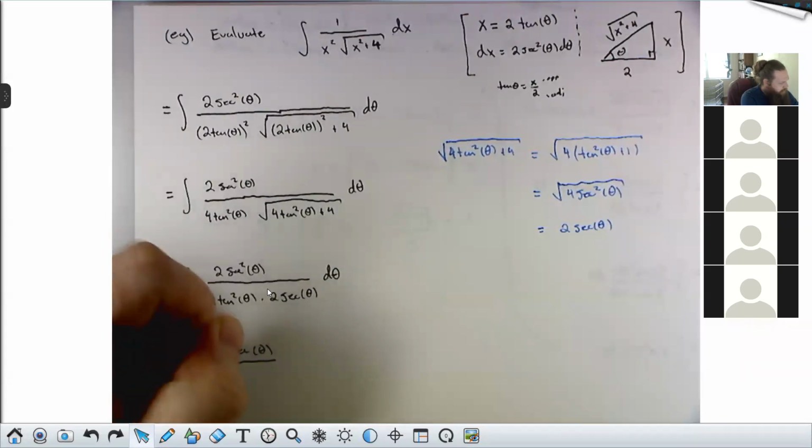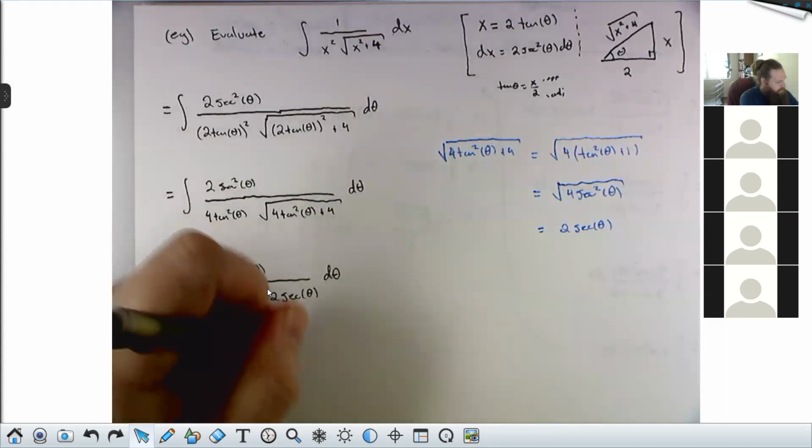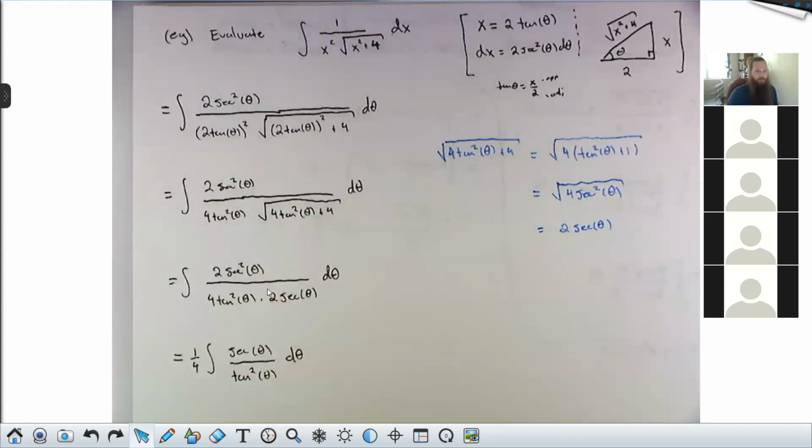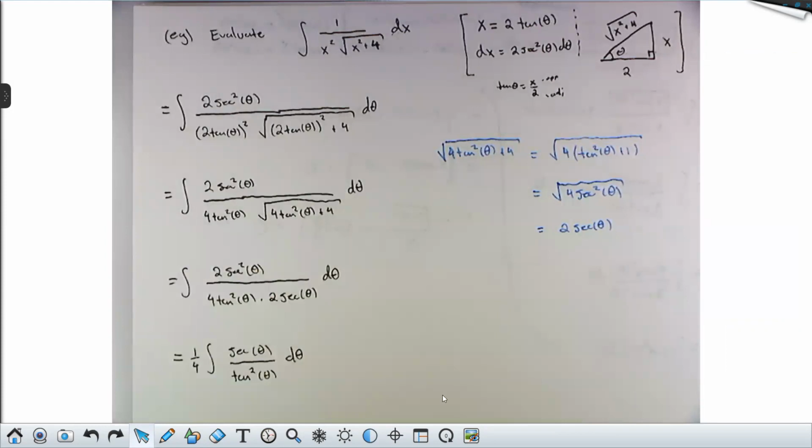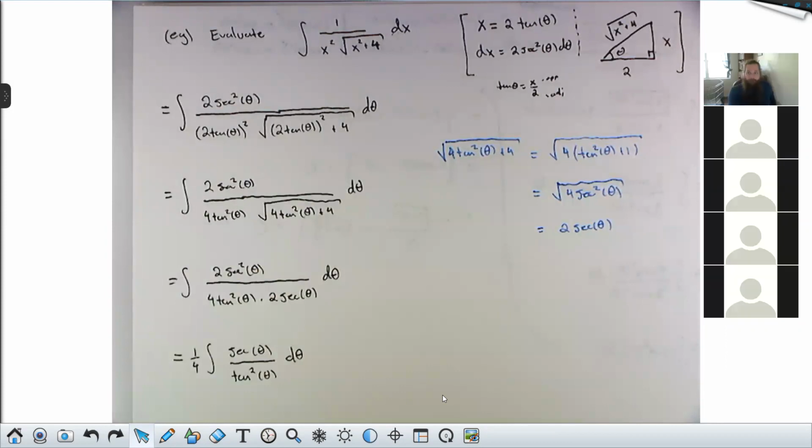And I have secant theta over tangent squared theta d theta. How do I do this integral? Anybody?